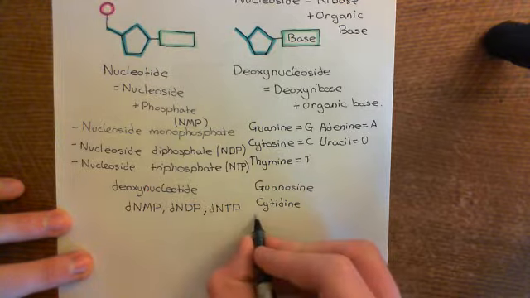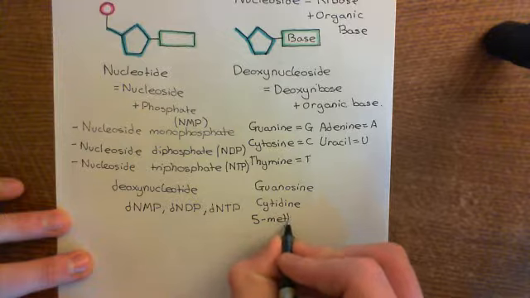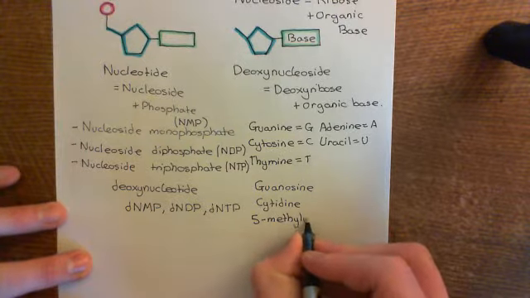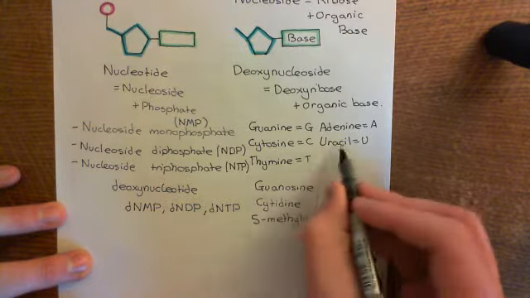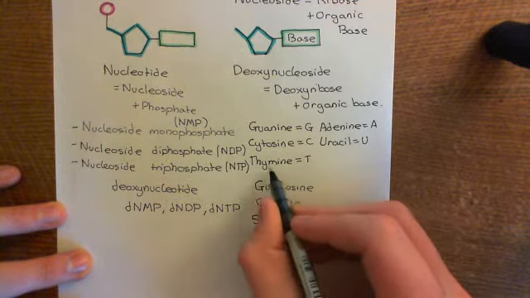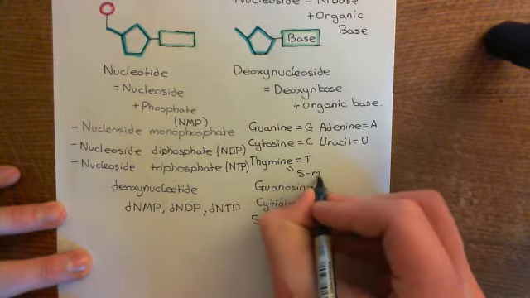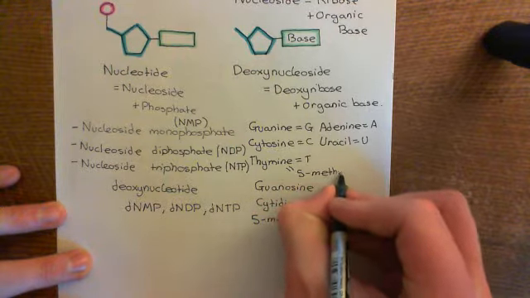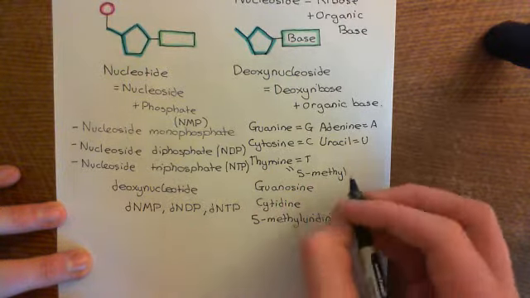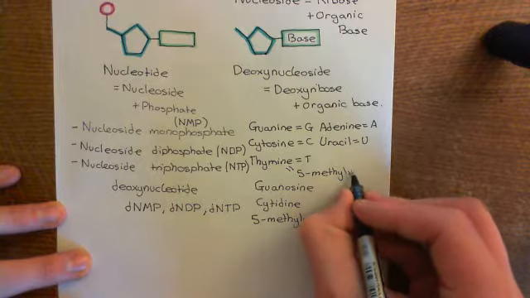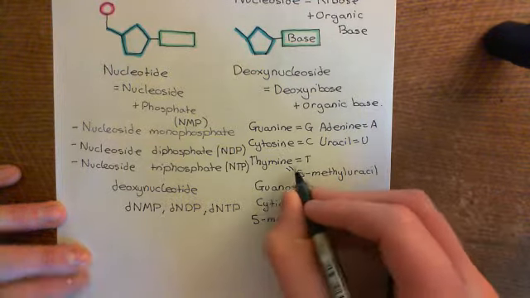Instead, it's called 5-methyluridine, and you'll see the logic for that in a moment. Uracil and thymine are very closely related. In fact, another name for thymine is 5-methyl-uracil. So that's why when you take thymine and add it onto ribose, you call that 5-methyluridine rather than anything to do with the name thymine.